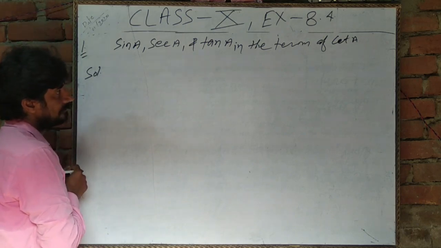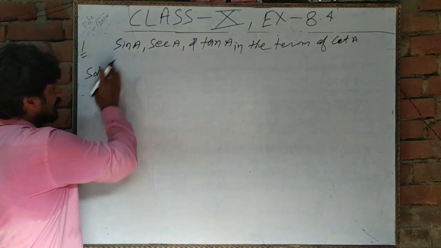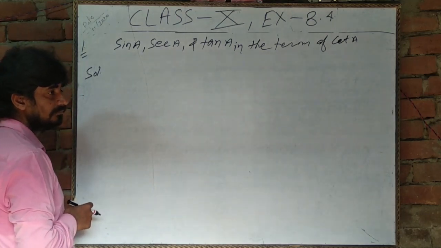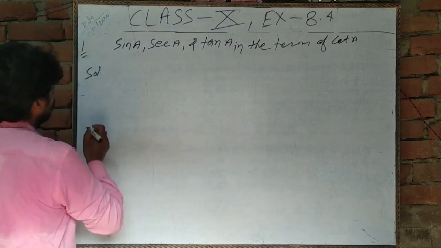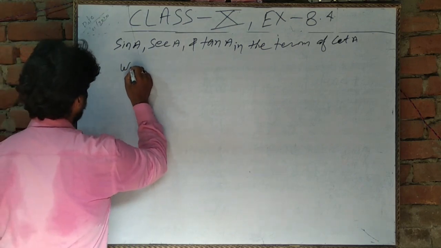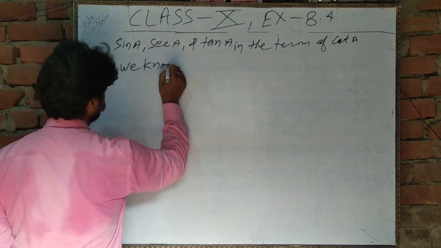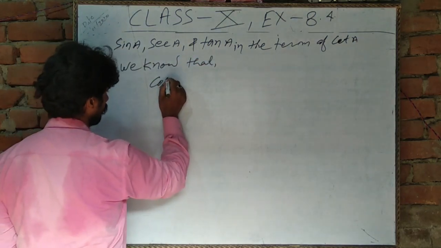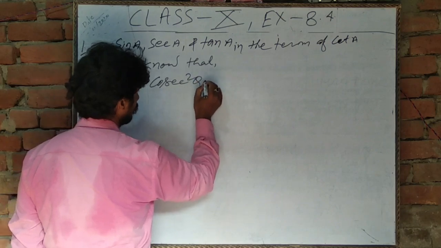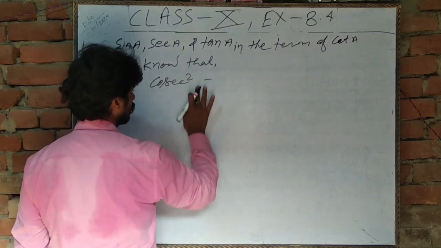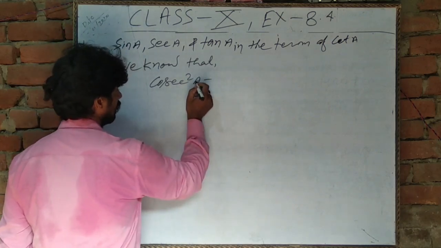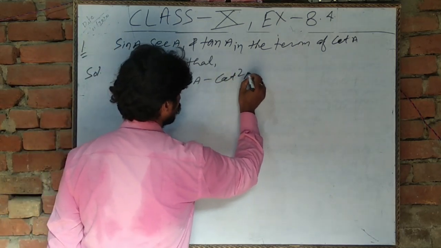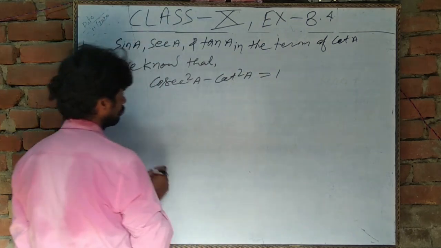How can we write sin A in terms of cot A? We know that cosec square theta, in place of theta we write A, cosec square A minus cot square A equals 1.